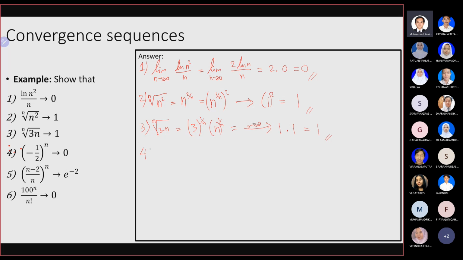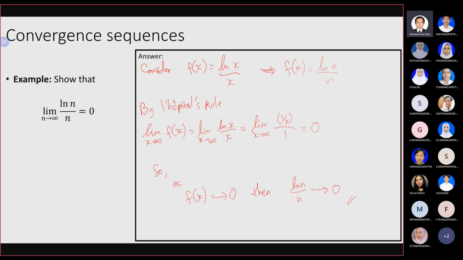For number 4, minus half power n. This is from the formula before. As n goes to infinity, we know that this is going to 0.